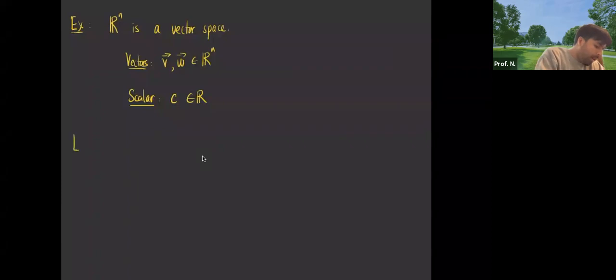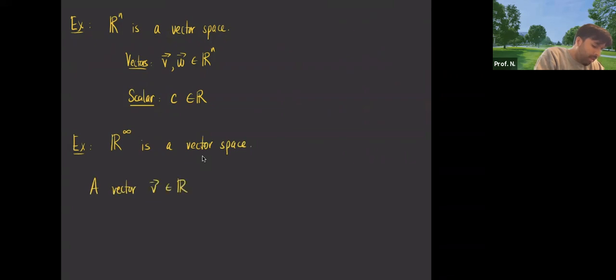And so I'm gonna introduce a few more things here. There's also a space called R to the infinity, but this is a vector space. And what is this particularly? A vector V in R to the infinity is the following.